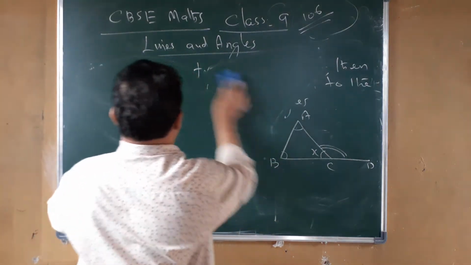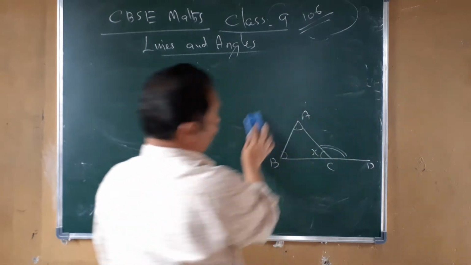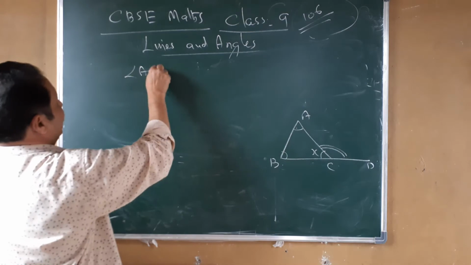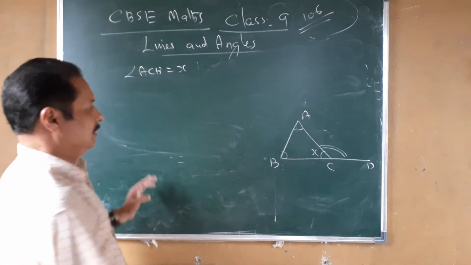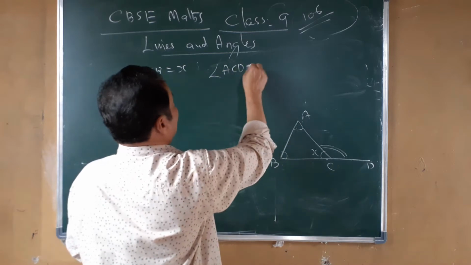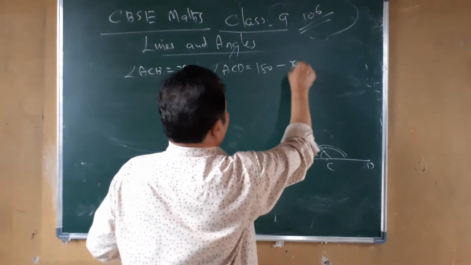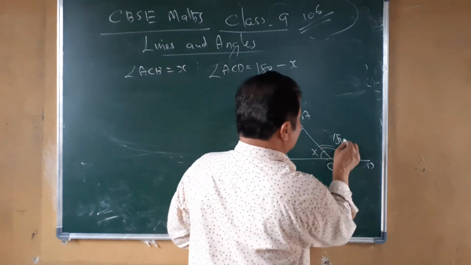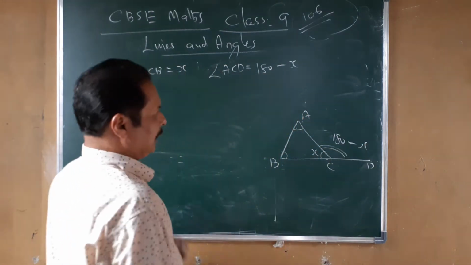Now let's look here carefully. Let angle ACB equal X. Then angle ACD is the linear pair of this angle, so it is equal to 180 minus X. If this angle is X, that angle is 180 minus X. Is it correct? Look here.